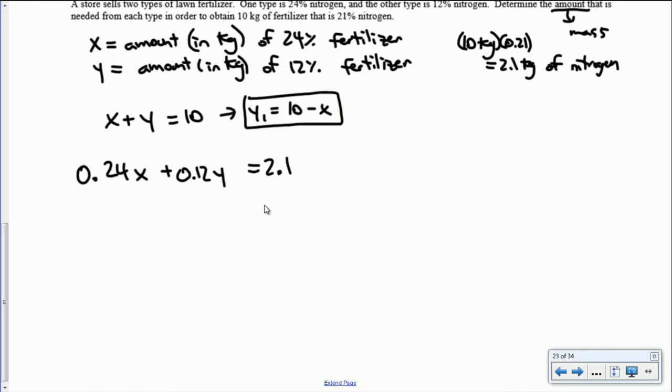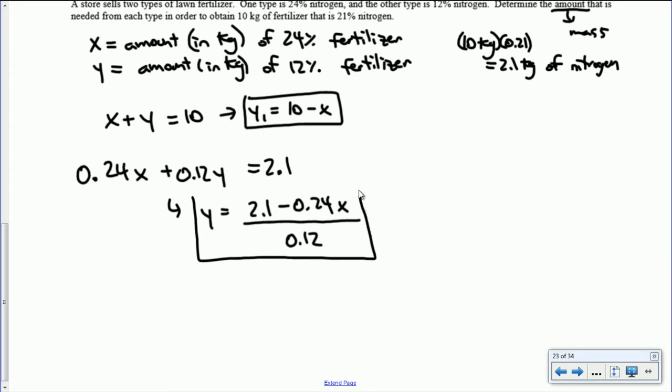And y2, so if I isolate this for y, I need to subtract 0.24x from both sides. I'll have 2.1 minus 0.24x, and I need to divide by 0.12. So that is going to be y2. So I type y equals, right?